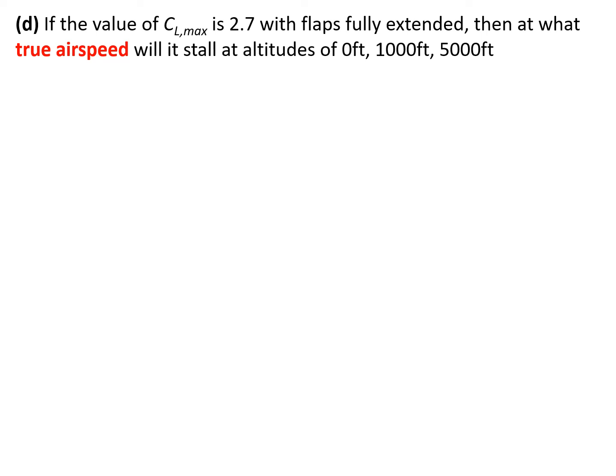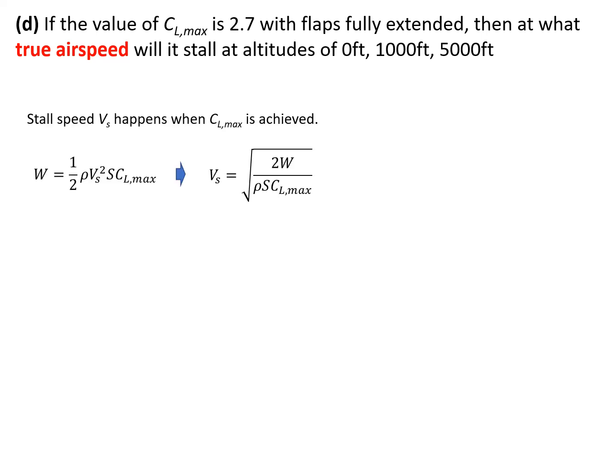The last part, question D, is: if the value of CL maximum is 2.7, doubled with flaps fully extended, so at high lift configuration the CL max is 2.7, doubled from earlier, then at what true airspeed will it stall at altitudes of 0, 1,000 feet, and 5,000 feet? It's actually a similar question, just with an increased CL max.